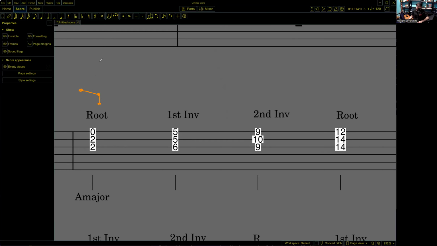So you could move it like that, like a backwards L. But I just see it as boom, boom, boom, like that. And then the first inversion pattern, I just kind of see it as like a lowercase r. You can see it however you want.